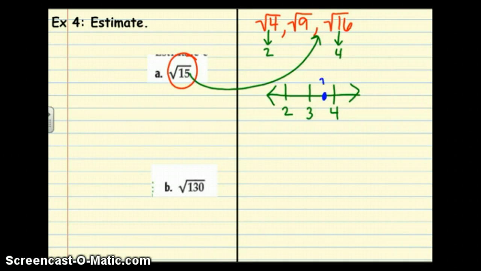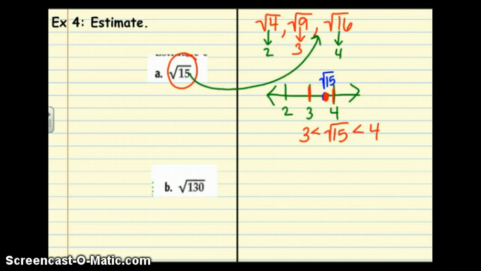So the square root of 15 is between 2 and 4, a lot closer to 4 though. Well, actually, I'm looking at this now and realizing I could get a lot closer than that because the square root of 9 we know is 3. I kind of left that out, which we talked about here. So really, I should say it's between 3 and 4, but still a lot closer to 4 than it is to 3. If you wanted to write that as an inequality, we could say that 3 is less than the square root of 15 is less than 4.